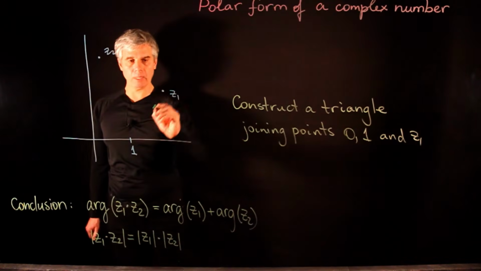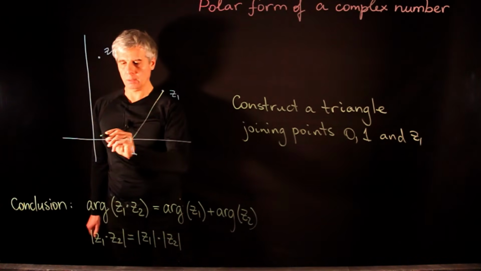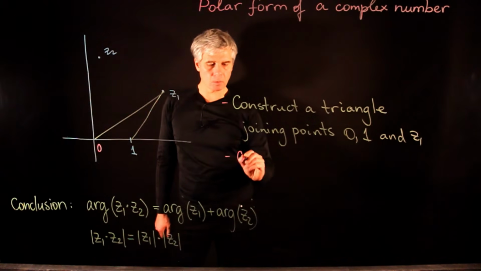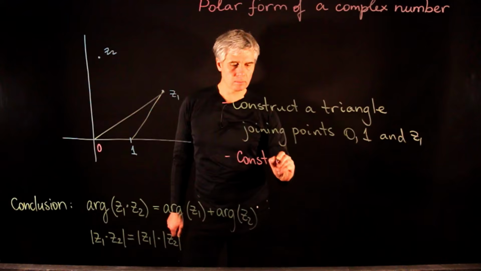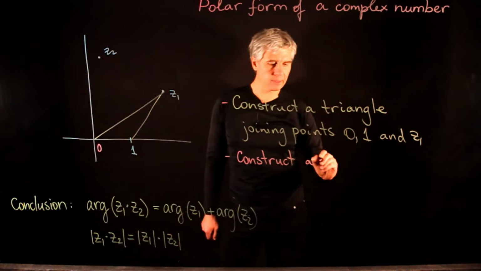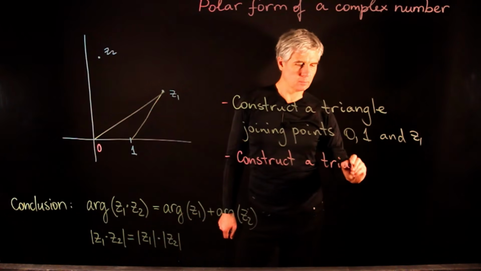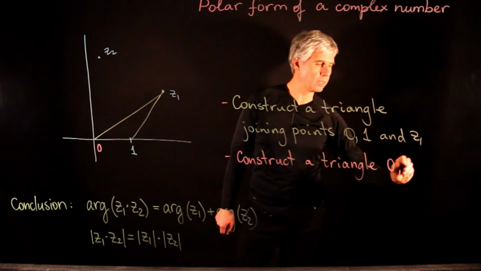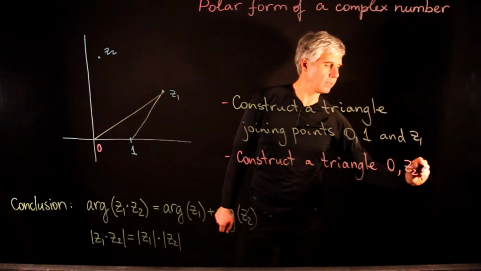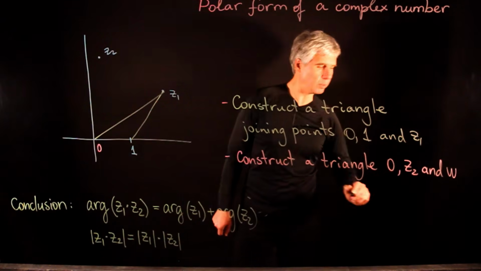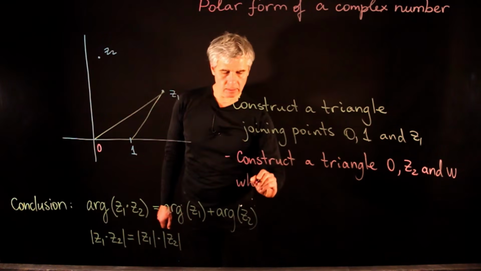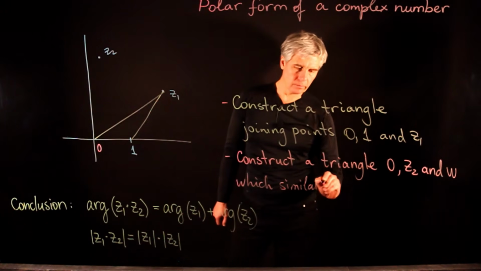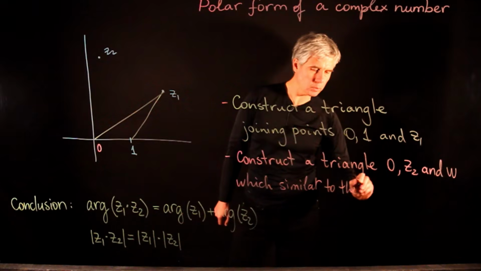So here we take this triangle. Then as a second step, construct a triangle that joins points 0, z2, and some vertex w, which is similar to the first triangle.